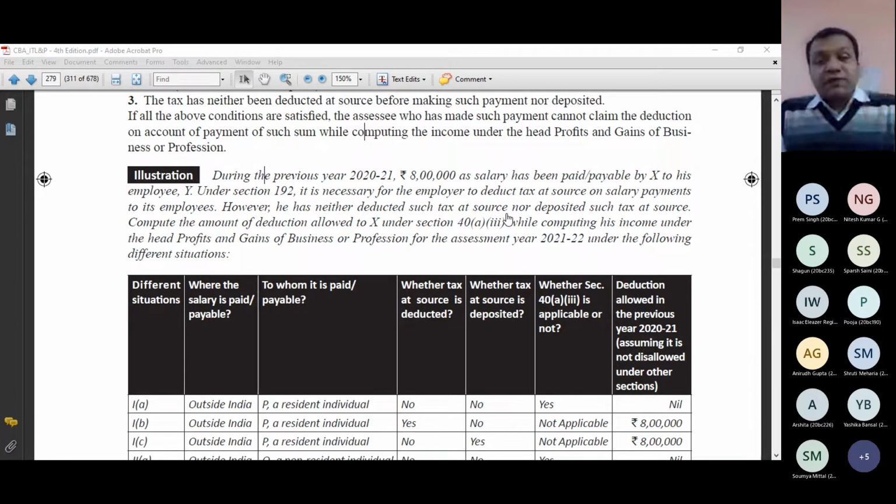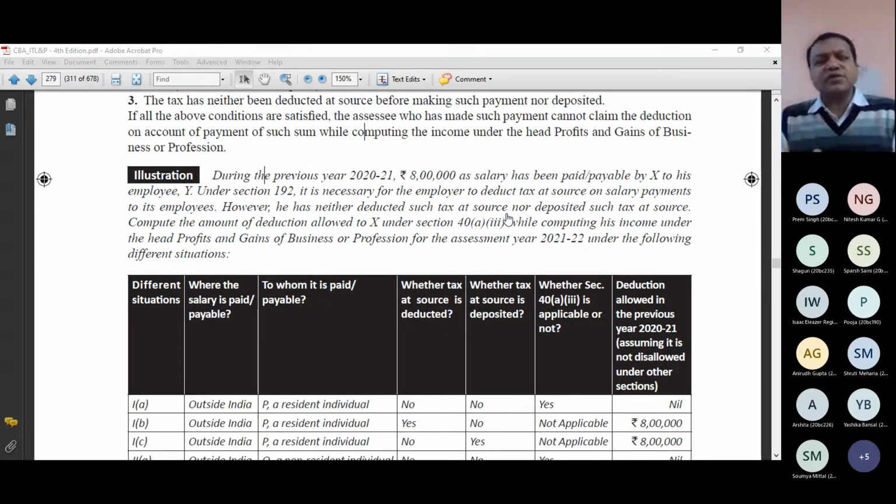In 40A1 and in 40A1A, both the defaults must be there. Either I failed in deducting or I failed in depositing. In this case, both of the defaults must be there, only then you disallow the payment. Otherwise, in spite of a single default, government says no issue, you debit the amount. Because since the payment is made as salary, you will get this amount back from the employee next month or maybe next year.